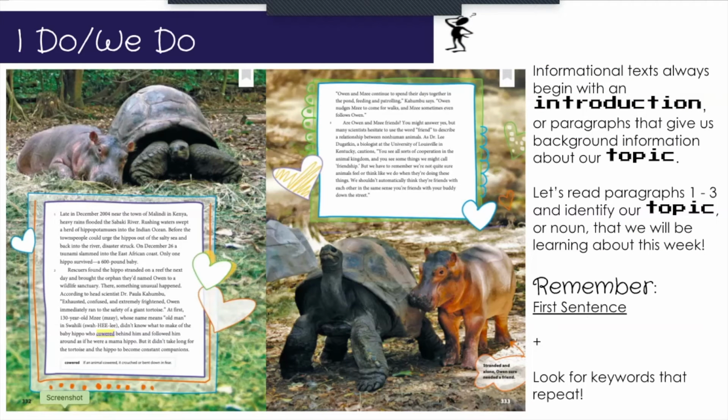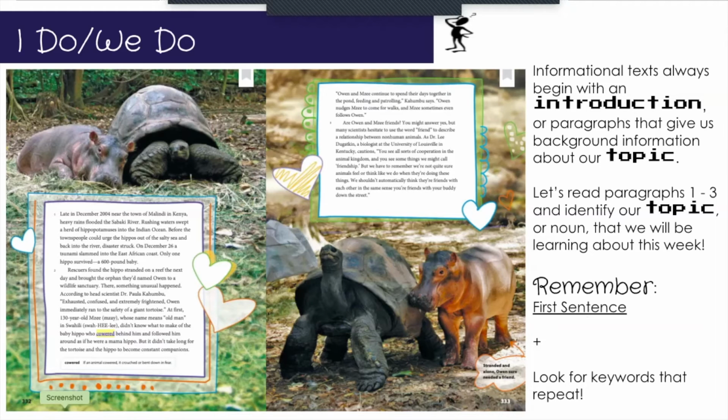Let's begin by opening your packet to the first 3 paragraphs of our reading. Remember, informational text always begins with an introduction, or paragraphs that give us background information about our topic. Let's read paragraphs 1 through 3 and identify our topic, or noun, that we will be learning about this week.